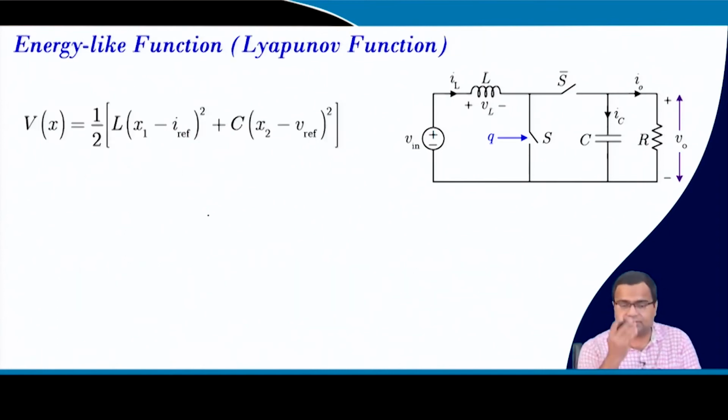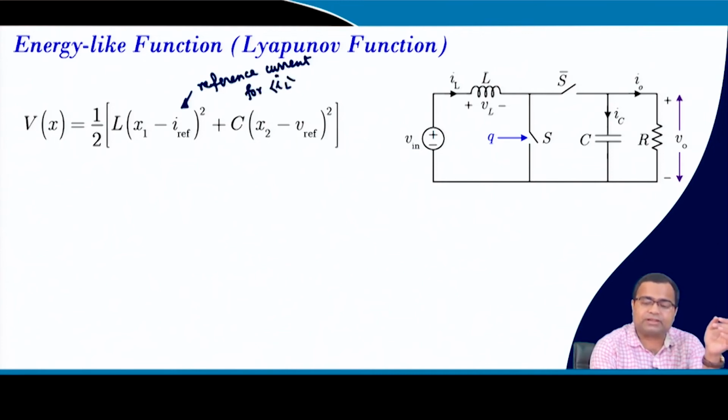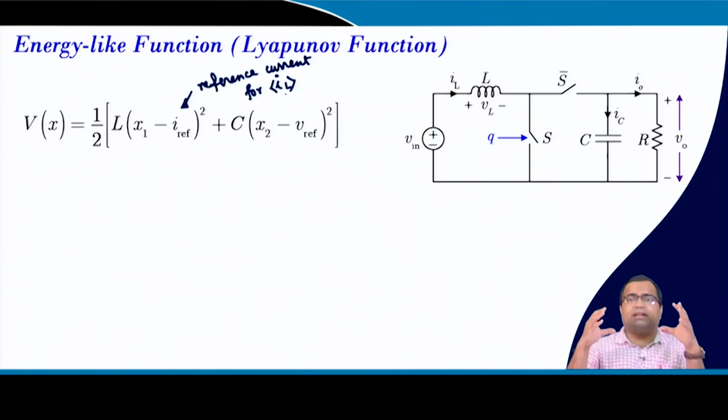What is the next task? Suppose we create an energy-like function, where, if I take I ref to be the reference current for the average inductor current, that means we want the average inductor current value to track the reference current, or they should be equal at steady state.